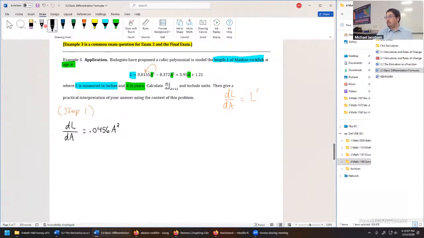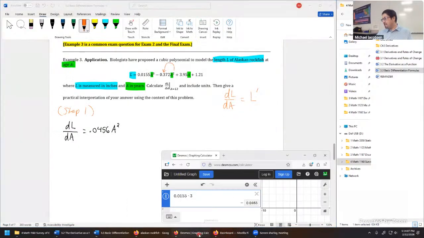So we're just using our differentiation formulas just like before. This power 2 is going to multiply that coefficient. Power drops to 1. So wrong tab, sorry about that. We're going to get negative 0.372 times 2, double checking the numbers, for negative 0.744 A.